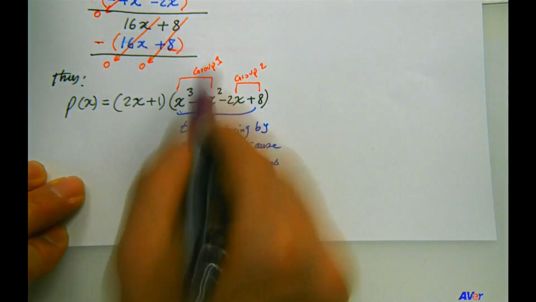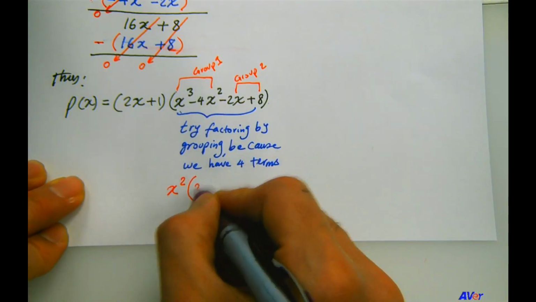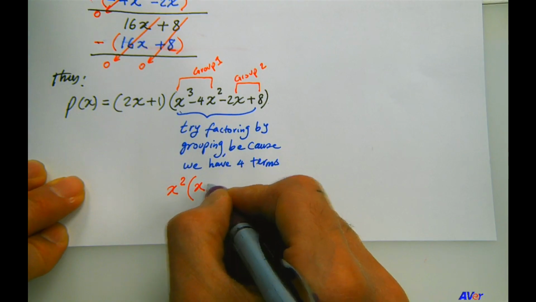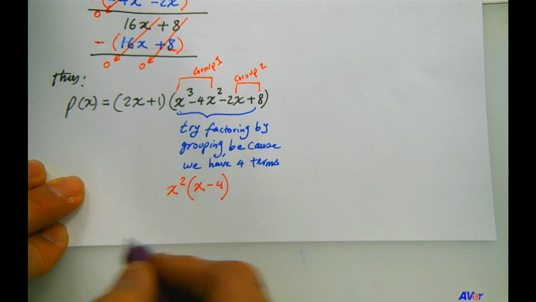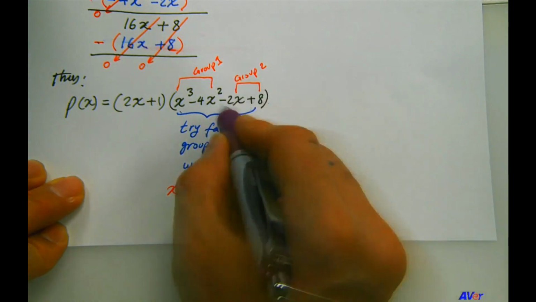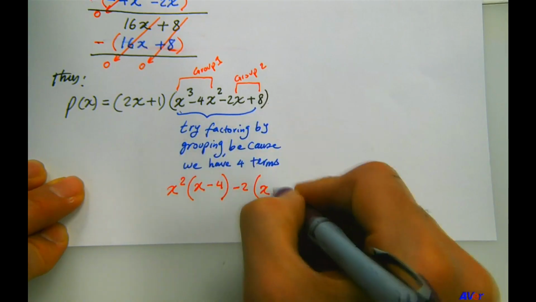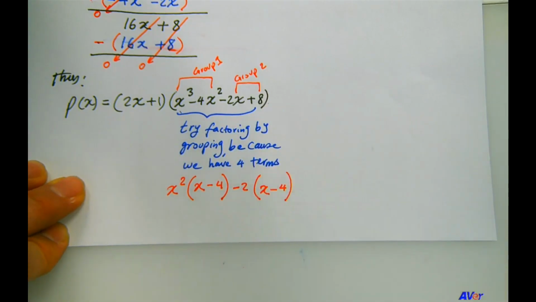Okay. From the first group, factor out x squared. What do we have left? X minus 4, right? From the group 2, factor out minus 2. Minus 2 times x minus 4.